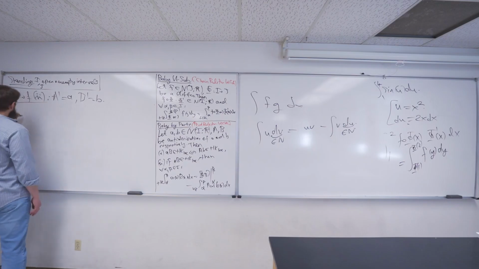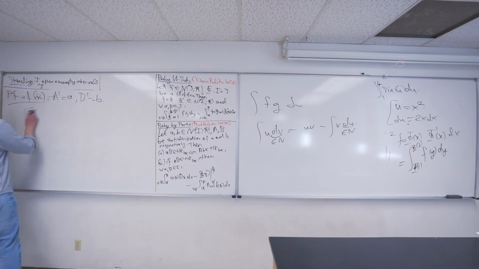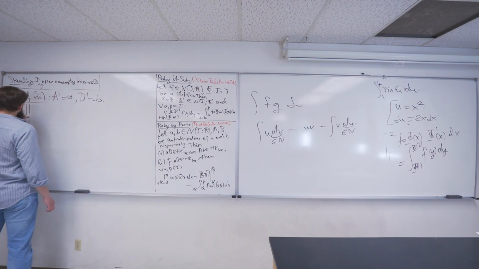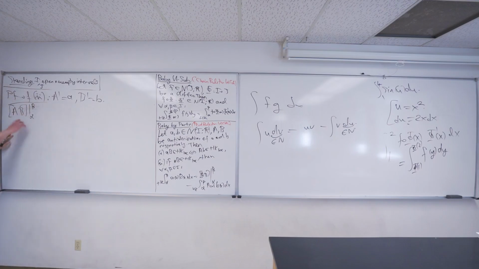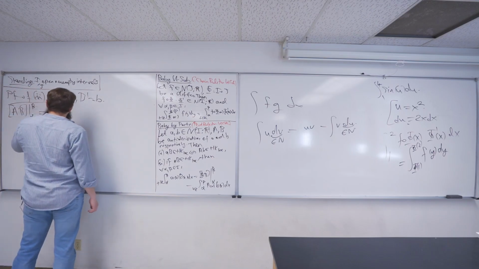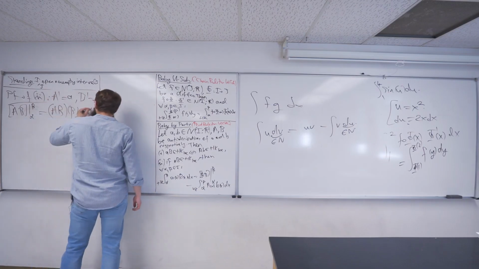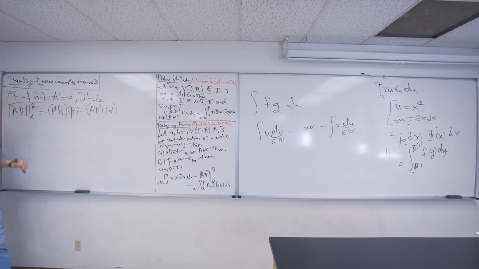And I know since, let me put it this way, when I write this, I mean AB evaluated at beta minus AB evaluated at alpha, which is the Newton integral of the derivative of AB.